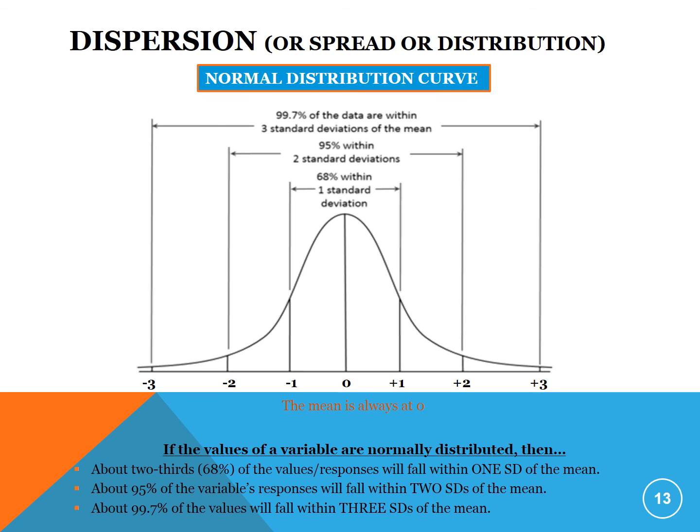Okay, so if the values of this variable are normally distributed, then 95% of the variable's responses fall within two standard deviations of the mean. And if it's normally distributed, then about 99.7% of the values fall within three standard deviations of the mean.